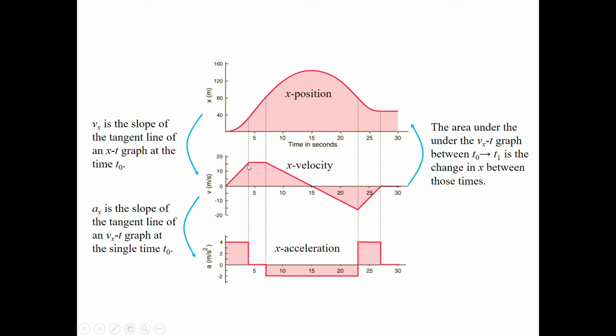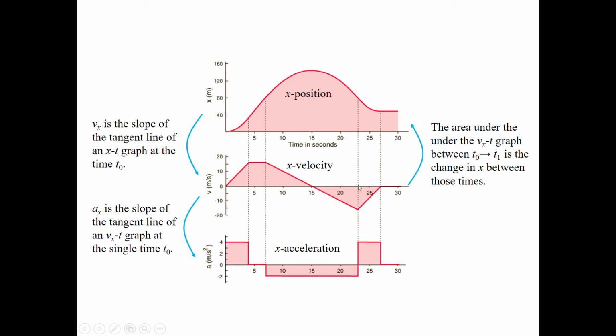We have to be a little bit careful because this has units of meters per second, and this has units of seconds along there. So there would be units of meters associated with this area when we multiplied them together. But just think about the numbers. It's a positive area under here, and that means between t equals 4 and t equals 7, we expect to see a positive change in position or a positive displacement, and we do.